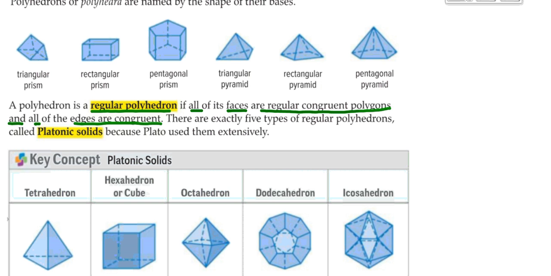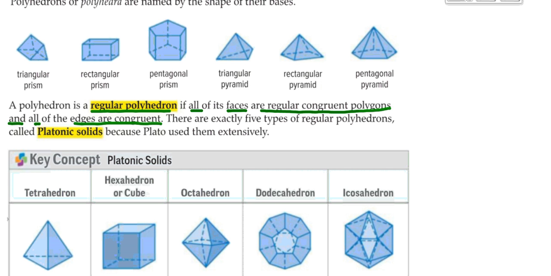There are 5 of these polyhedrons that exist, and they are called the Platonic solids. And the reason they're called the Platonic solids, as you can see the word Plato in there, is because Plato used them extensively.